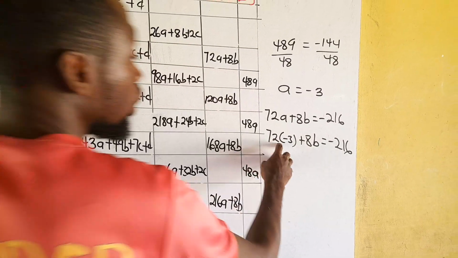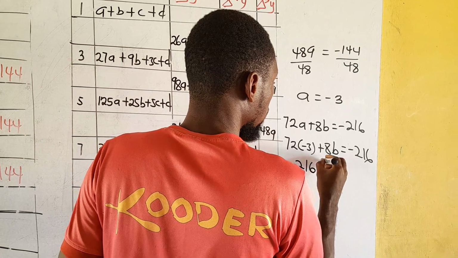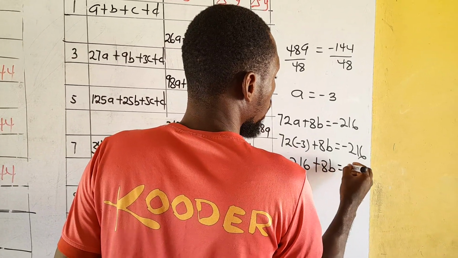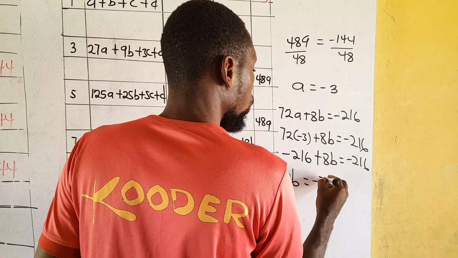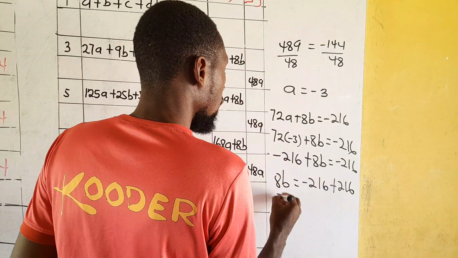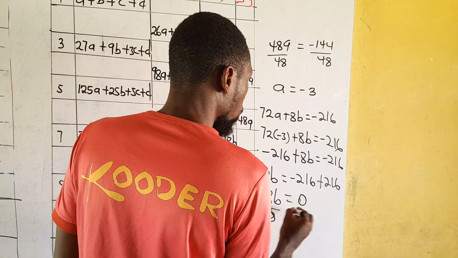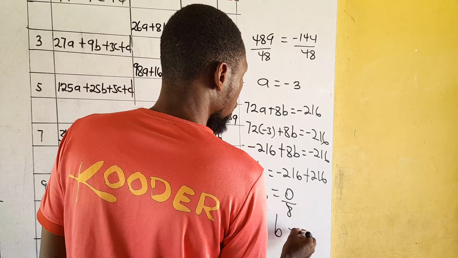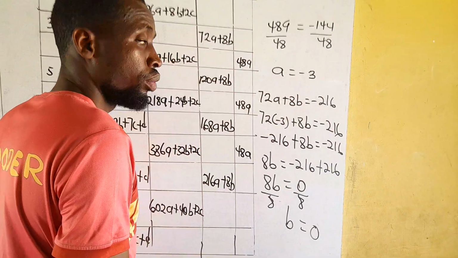So 72 times negative 3, that will be negative 216 plus 8B will be equal to negative 216. So 8B will be equal to negative 216 plus 216, which is 0. We divide both sides by 8, B is 0. So A is negative 3, B is 0.